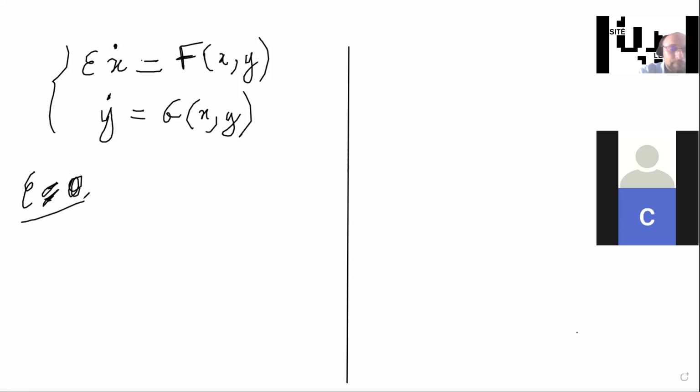Si epsilon égale à 0, donc on a qu'une simple équation ici. Non, on a f égale à 0 et y point égale à g. Yes. Oui.